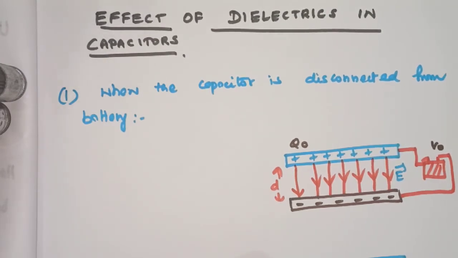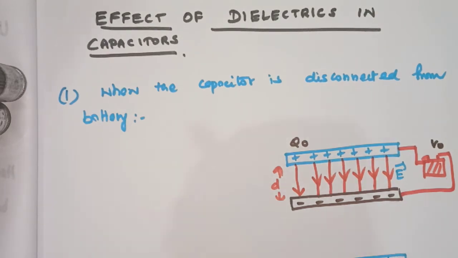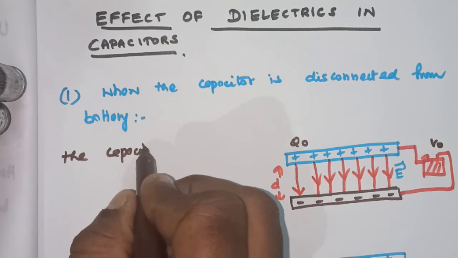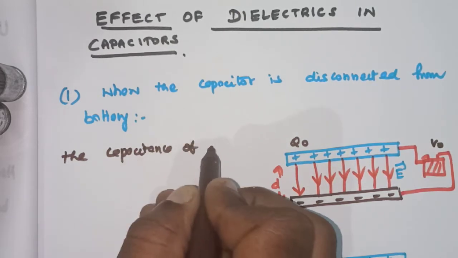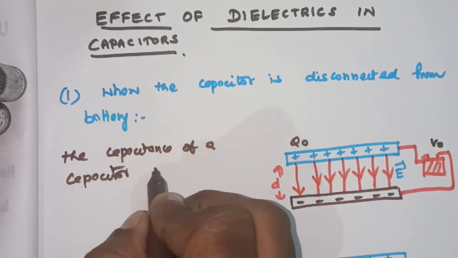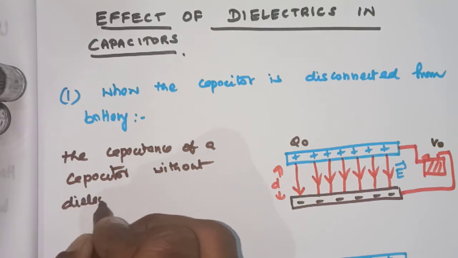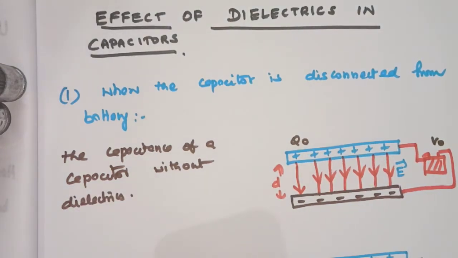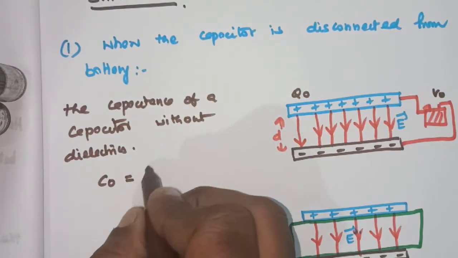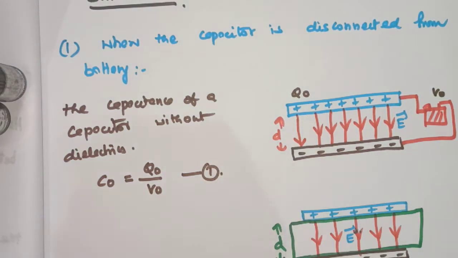Therefore the capacitance of a capacitor without dielectrics, we can write C0 equal to Q0 by V0. This is equation number 1.